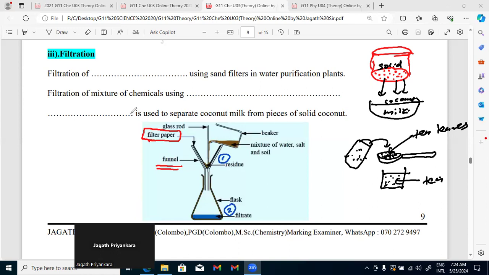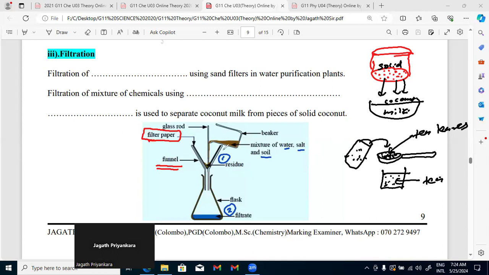So some solutions, students, we filter like this, because now here you have salt and soil. What is the residue here? Soil. Soil becomes the residue. There are three components here. What are the three components of this mixture?